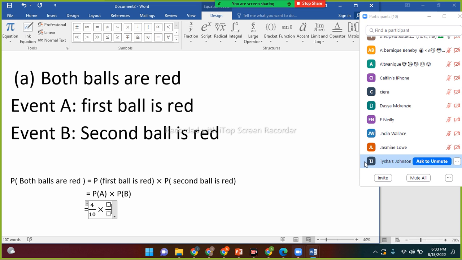Okay, I'm not hearing from Jasmine. Miss Johnson, are you here? Taisha Johnson, are you here? Yes, sir. Okay, good. What's the probability that the second ball is red?